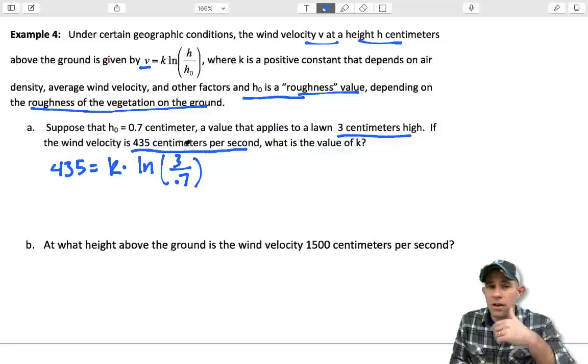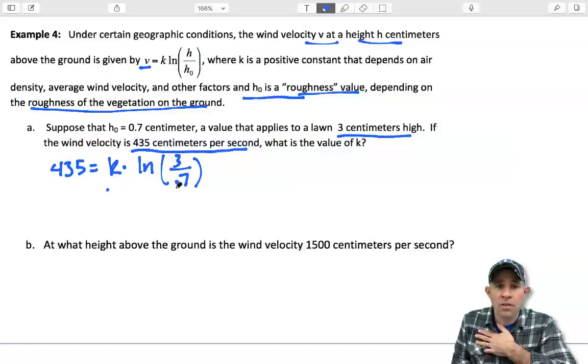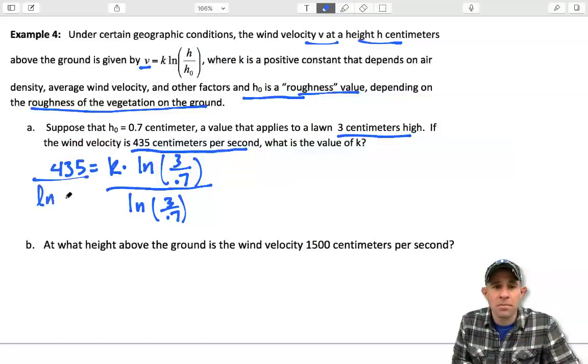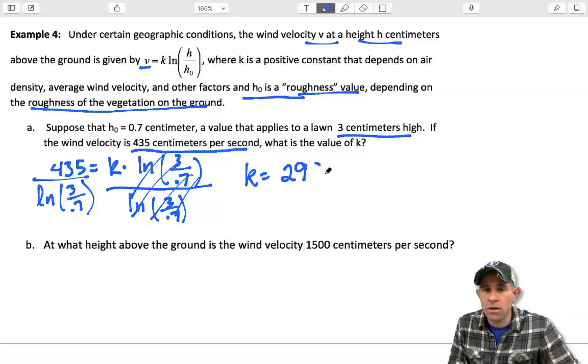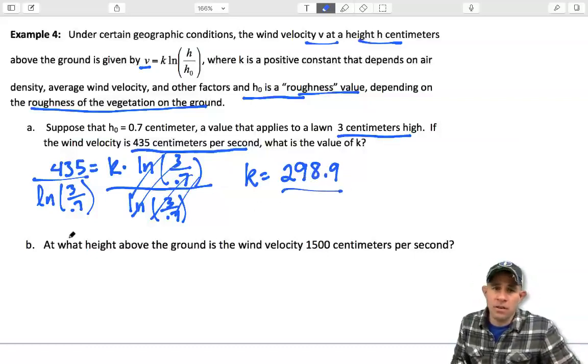We're going to divide both sides by the natural log of 3 divided by 0.7 in order to get k by itself. And that's going to leave k by itself. When we take 435 divided by the natural log of 3 divided by 0.7, we get a constant of 298.9. So we're going to use that constant in this next problem.